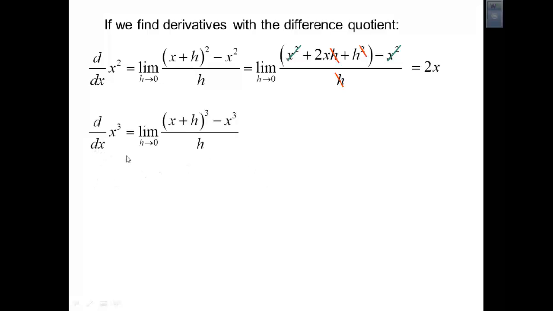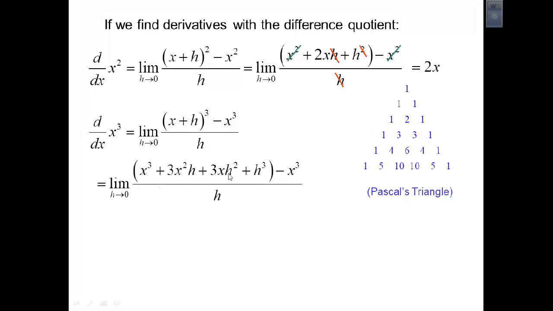If we did x cubed, we would do very much the same thing. We could actually use Pascal's triangle to expand our x plus h cubed. But when we cancel things out, we still are going to just get 3x squared.